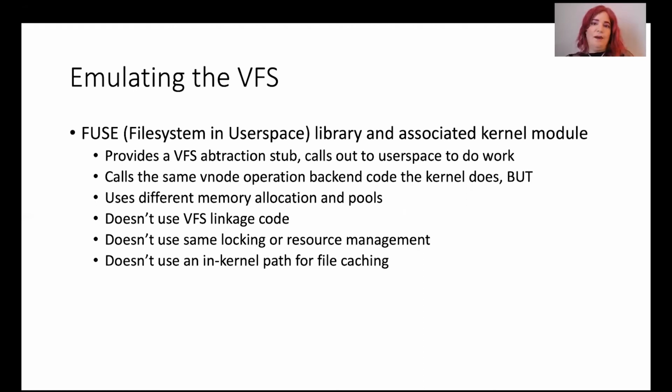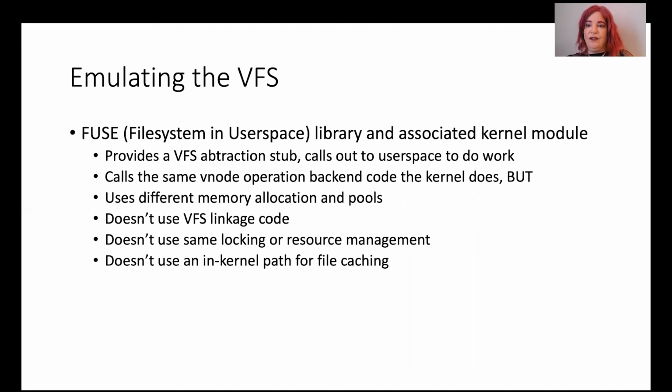It calls the same vnode operation backend code that the kernel does, but there are some reasons why this isn't still a complete test. It uses different memory pools than you would use if you were working directly in the kernel. It uses different locking structures, and it doesn't actually exercise your own VFS linkage code.